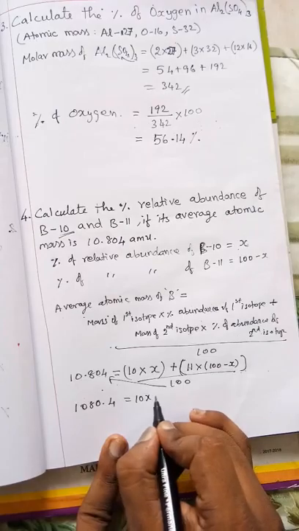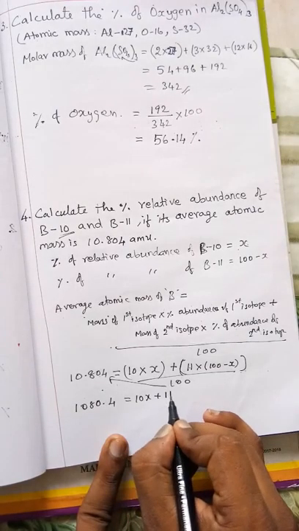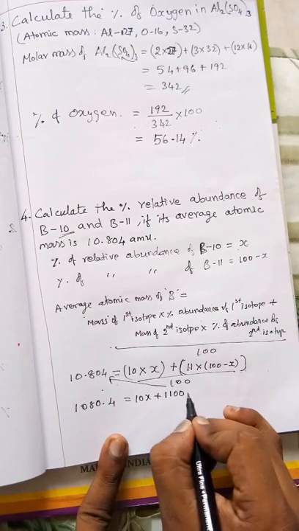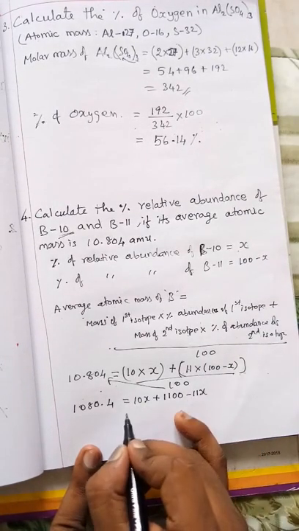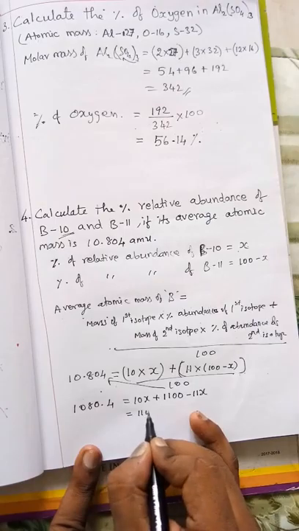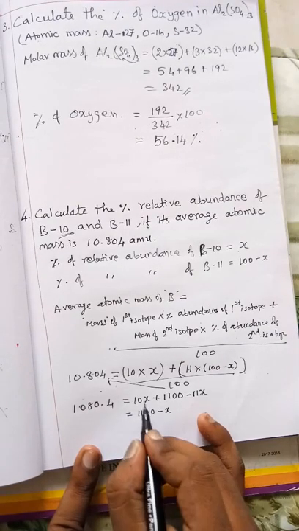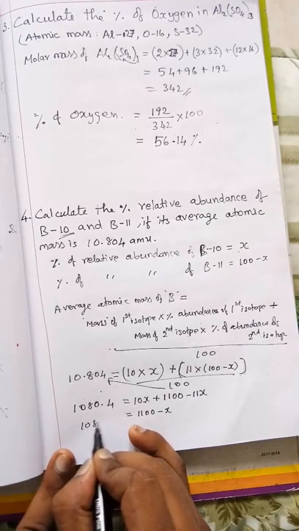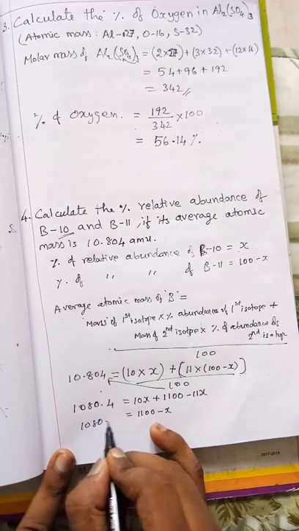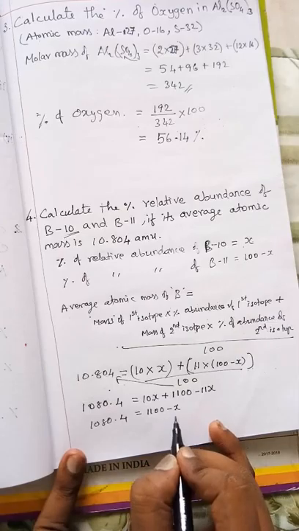Plus 11 into 100, 1100 minus 11x. So 10x minus 11x is nothing but minus x. Now we want to find the x value.